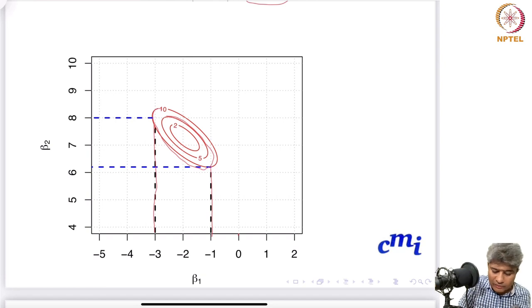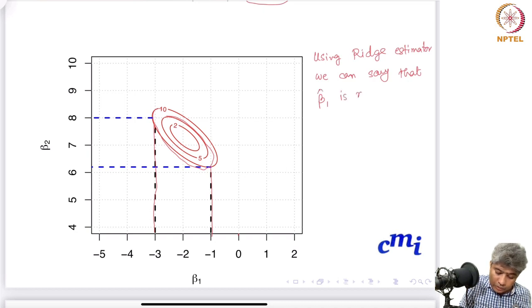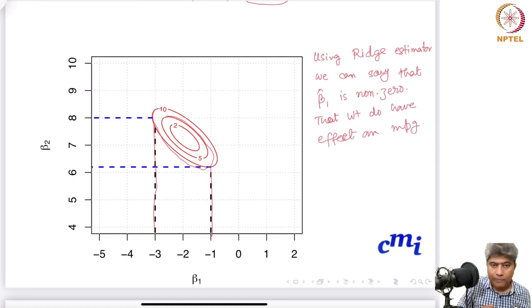So using the ridge estimator, we can say that beta 1 is non-zero, that is, weight does have effect on MPG.